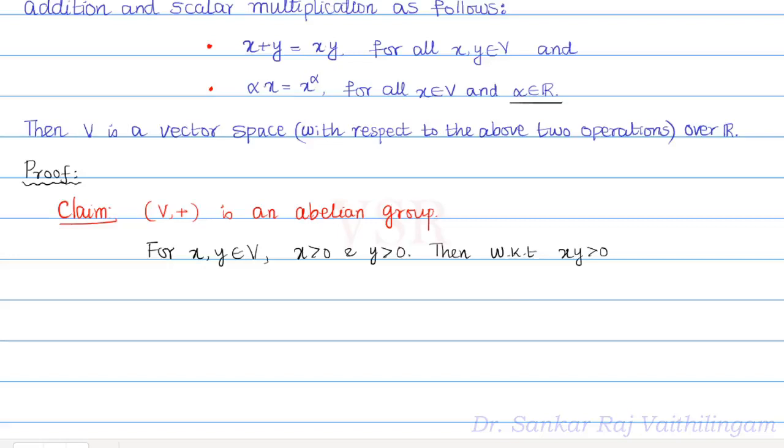This x into y is equal to x plus y. So plus is a function from V cross V to V. I give one positive number, another positive number, and x plus y is also positive.